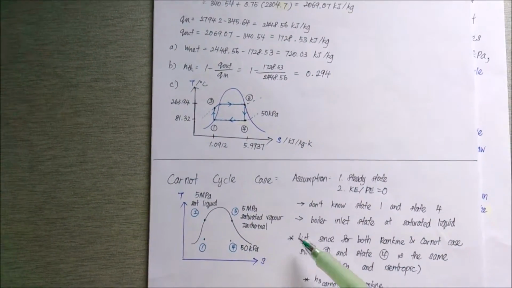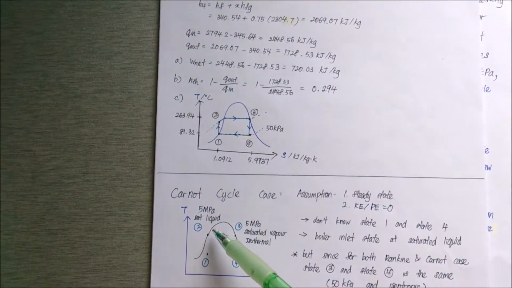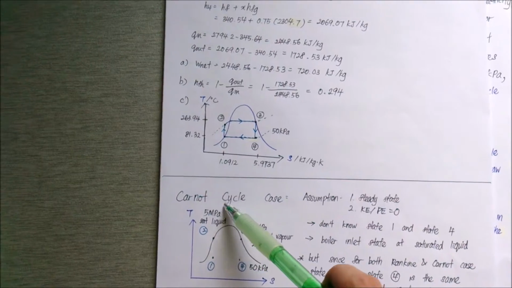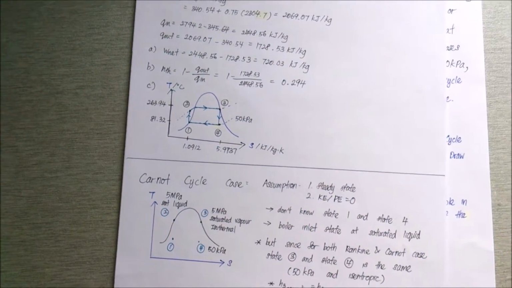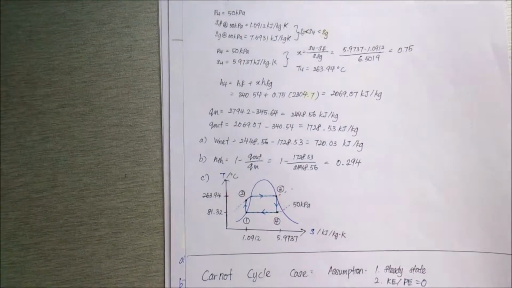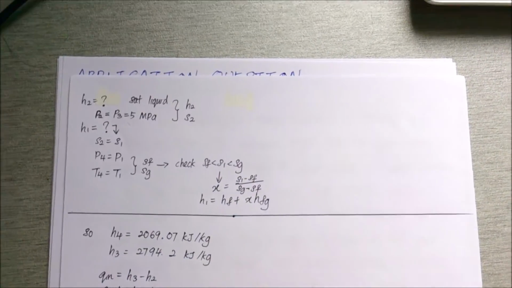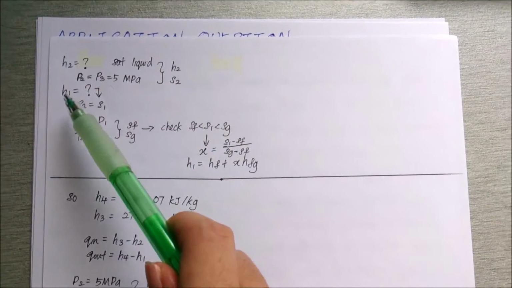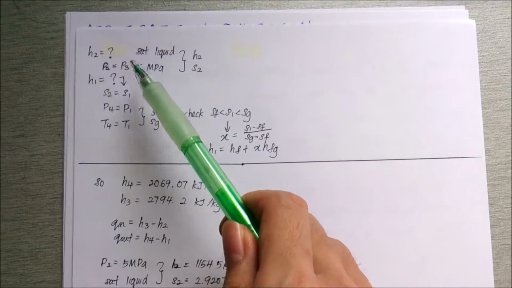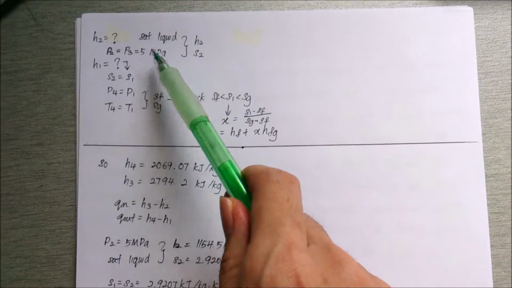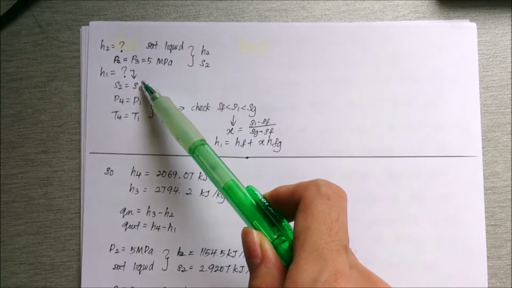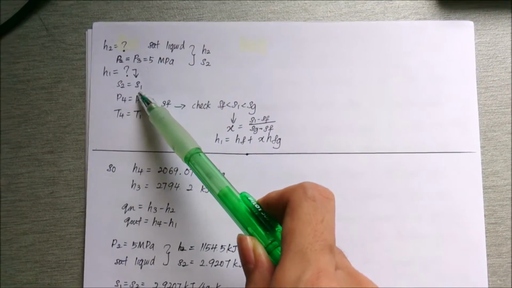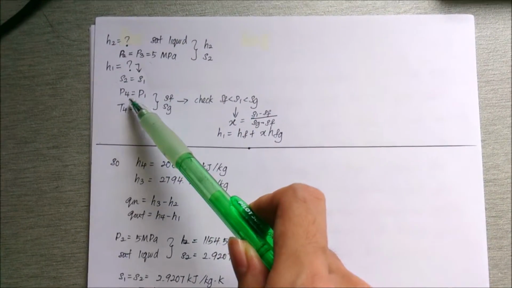For H2, we are told that for the Carnot cycle case the boiler inlet state is a saturated liquid. So using the information of saturated liquid at 5 megapascal, since P2 equals P3 for the isobaric heat addition, we find the H2 value. To find H1, we need to apply the isentropic process, so S2 will equal S1.